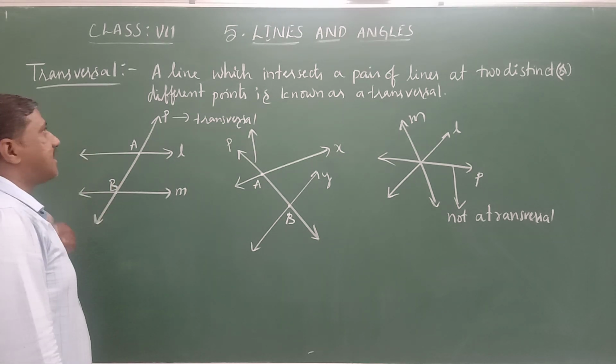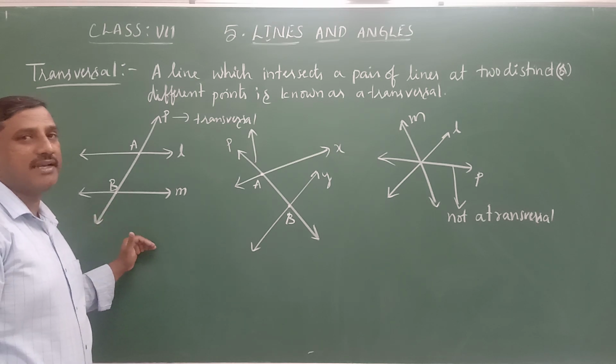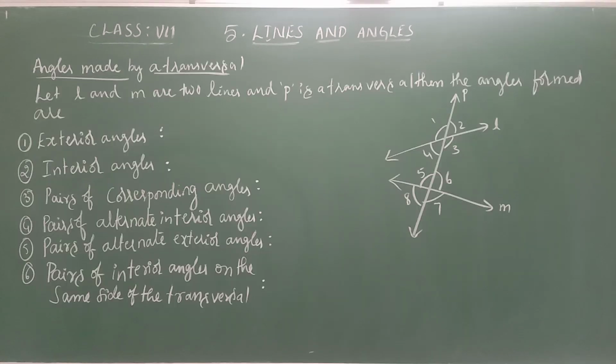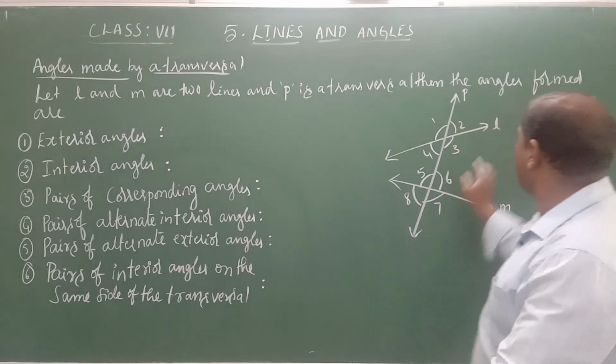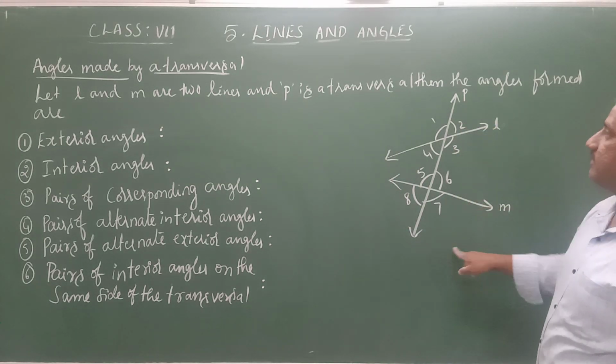Now we are going to discuss the angles made by a transversal. Let L and M be two lines, and P a transversal.